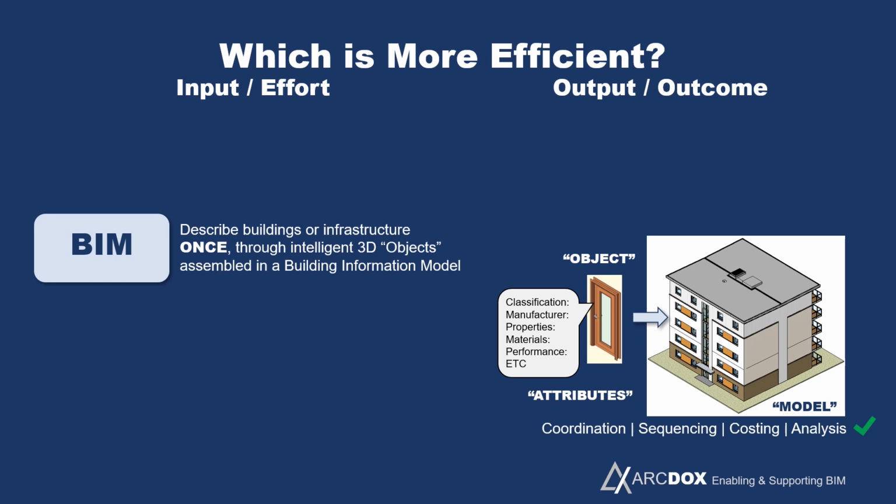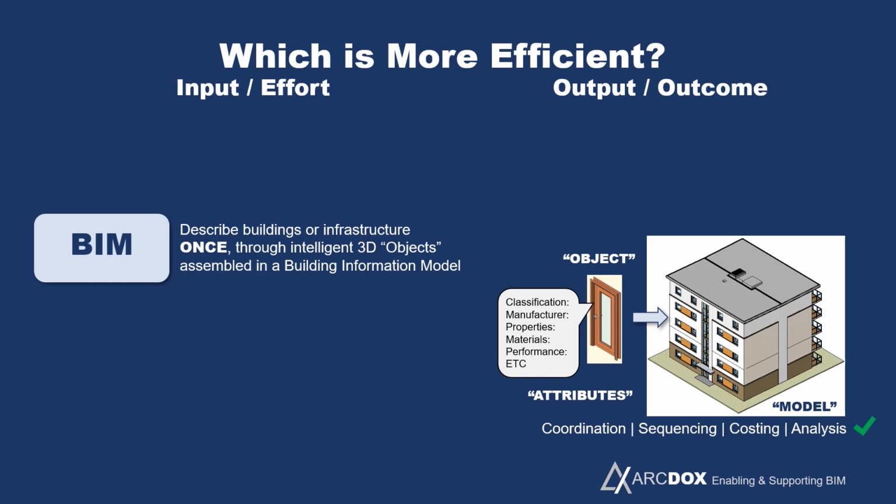Those objects can be connected to a construction program, so the sequence of construction can be considered, and that means you can look at issues such as logistics and health and safety. Since every object knows what it is, the software can easily count those objects and get quantities, areas, volumes, etc. And that helps cost control.